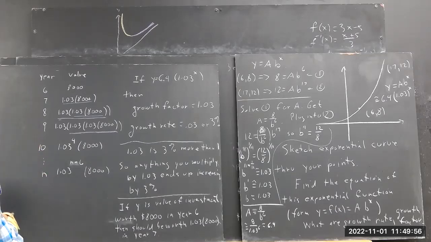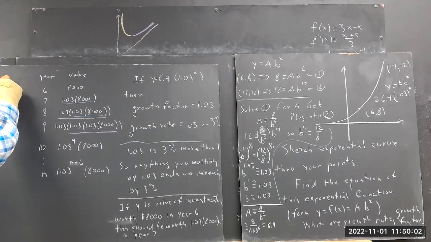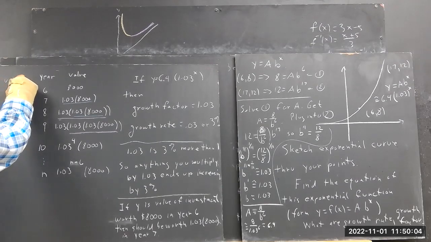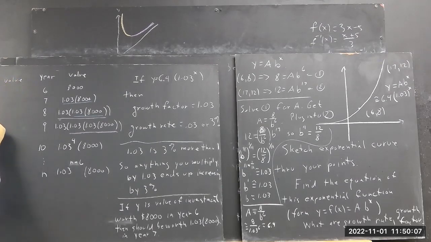Now, if we started at year 0, in year 6, the value is 8,000.